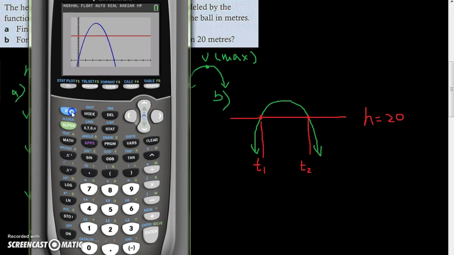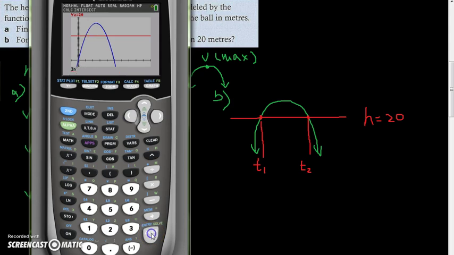I'm going to go to second calc, and I'm going to go to intersect. They want us to choose the first curve. My first curve is the height of the object, so that's good. It's the blue line, click on that. And the second curve is my red line, that's good. And they want us to find a guess value, so maybe they intersect somewhere there.